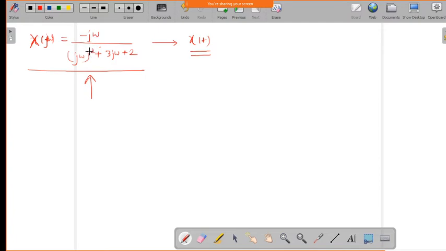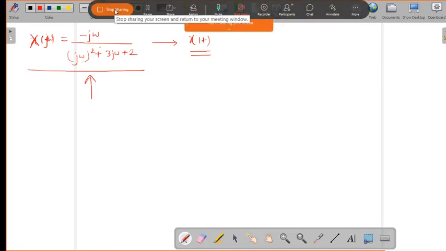This type of problem we have done, like partial fraction.